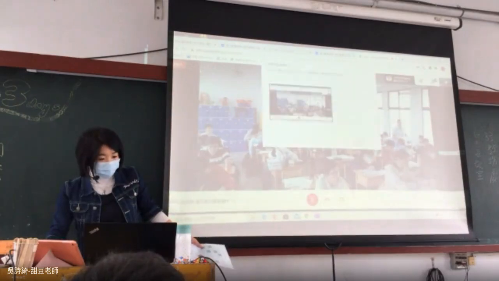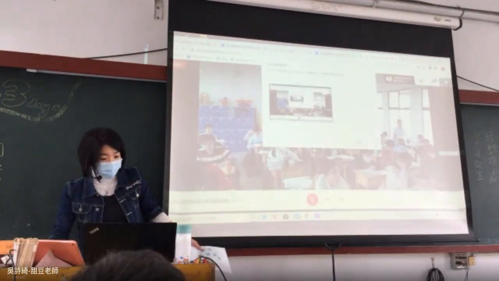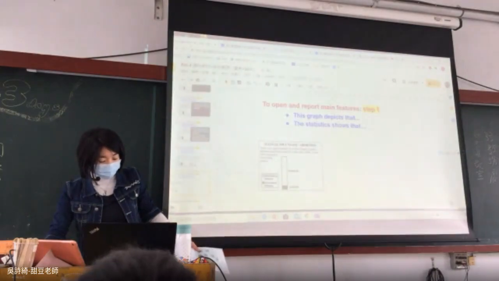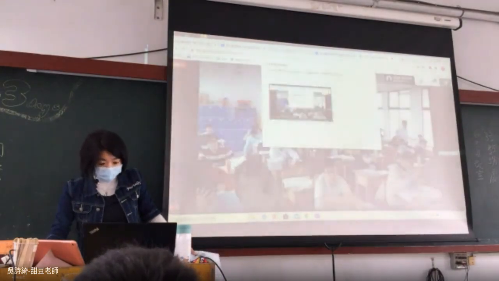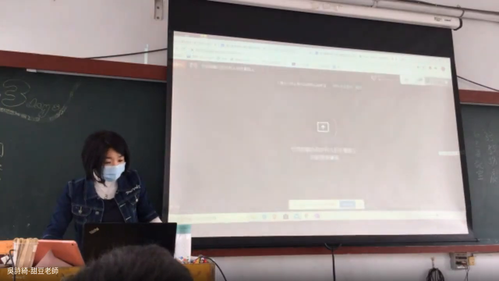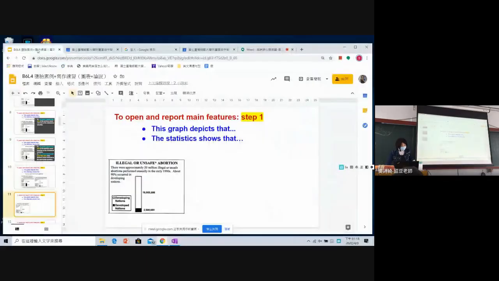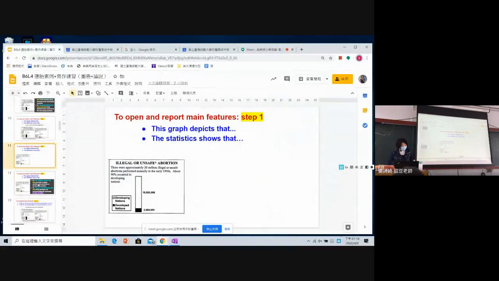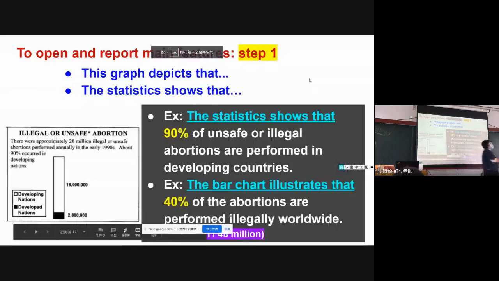And I am going to move on to the second example. Ladies and gentlemen, let's take a look. The second example goes down here. We can have several sentences right here.